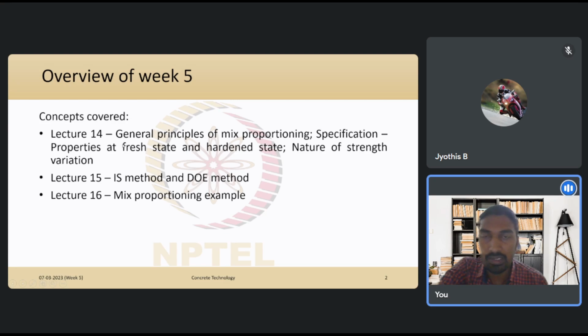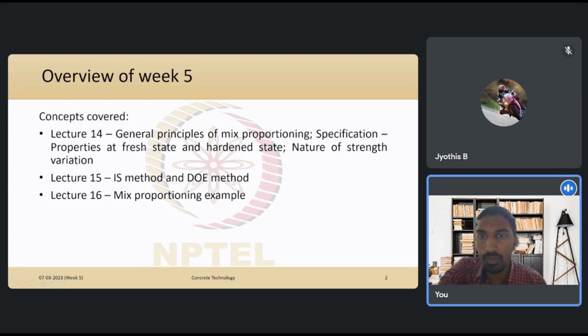So the first lecture was about the general principles of this mix proportioning, right? And then it also talked about the specification. So how do we specify for a given design? What are the things that we need to specify in order to get the right mix, right? In terms of that specification, we look at different properties both at the fresh state as well as at the hardened state, right?